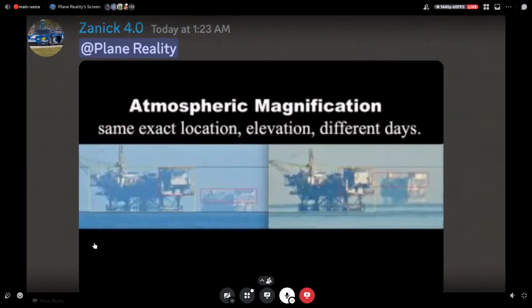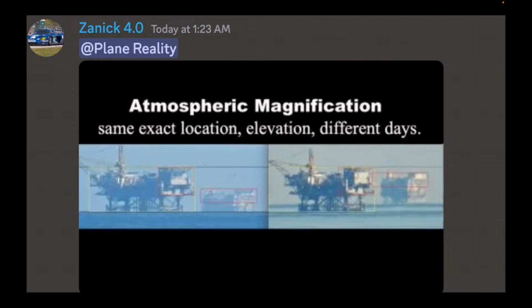Right, so here we have this one from Zanuck. Now, I can't use a pointer or whatever, but the one on the left, he's turned around and he said, okay, so why, his idea here is he's going, why is the one at the back lower and the one at the front higher?